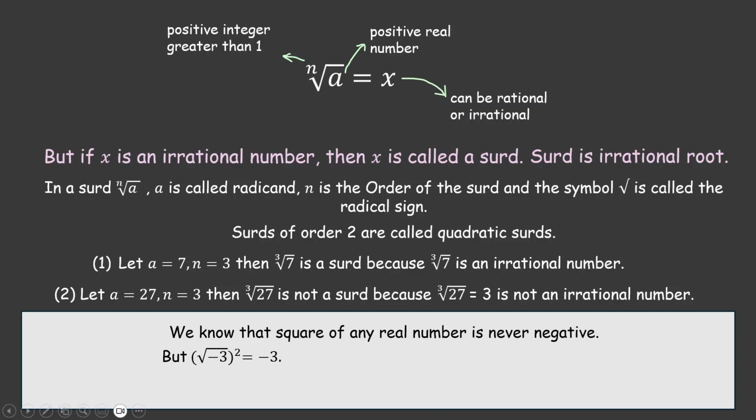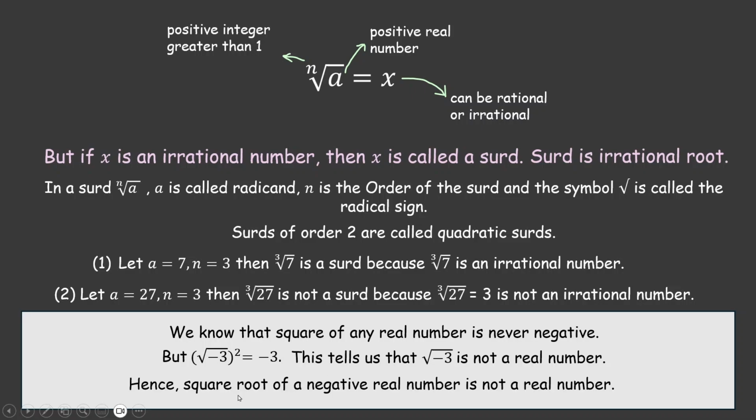But if we square the root of negative 3, that would be negative 3, which is a negative number. So this tells us that square root of negative 3, in itself, is not a real number. So we can say that square root of a negative real number is not a real number.